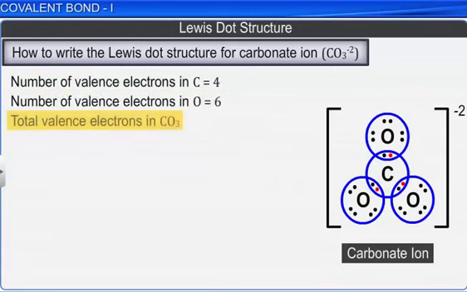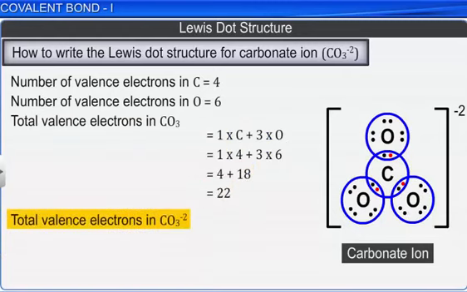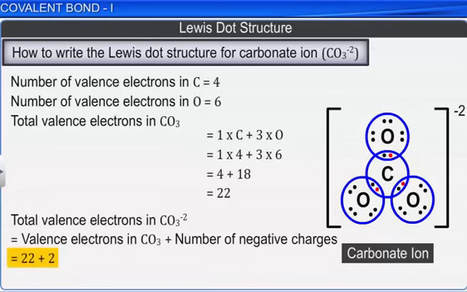As 3 oxygen atoms are present, the number of valence electrons in 3 oxygen atoms is equal to 18. The total number of valence electrons here is 22. As 2 negative charges are present on the carbonate ion, add 2 to the total number of valence electrons present in carbon and oxygen atoms. Hence, the total valence electrons in carbonate ion is 22 plus 2 equal to 24.